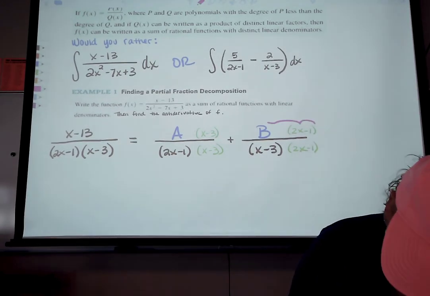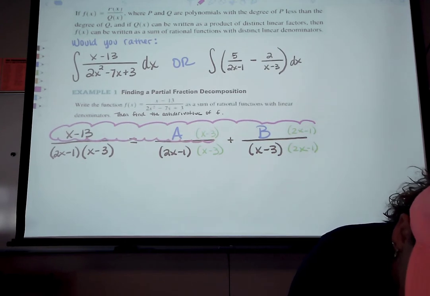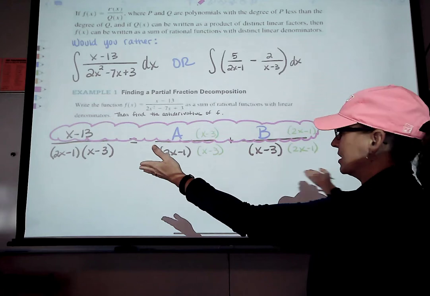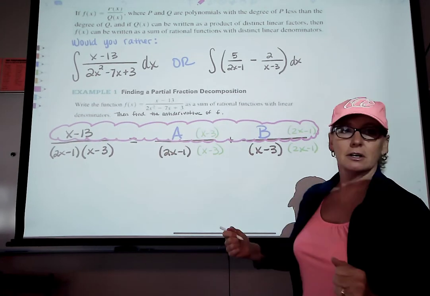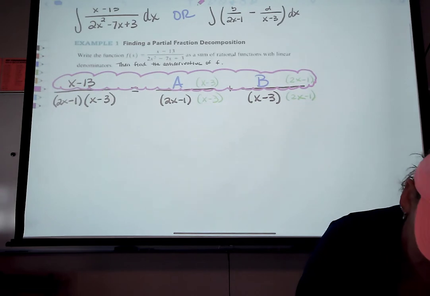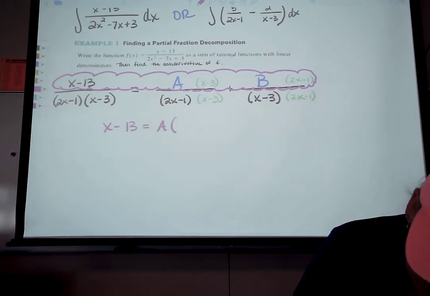So let's ignore the denominators for now, because we know that we've got those matching all the way across. Let's just work on setting up our numerators to make sure those are equal. So I would write x minus 13 equals A times the quantity plus B times the quantity.